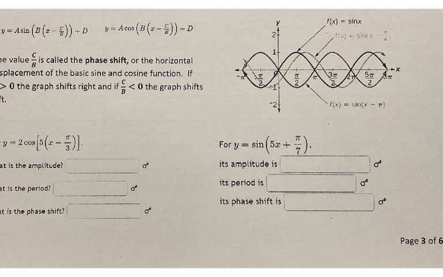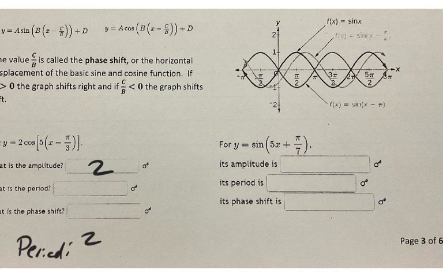So, as I'm looking at this, what would be the amplitude? Amplitude of that example? 2. Remember, it's the number being multiplied out front. The absolute value of it, right? Never the negative. Right, next, what would be the period? So how do we find the period?